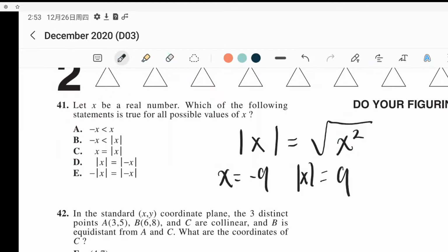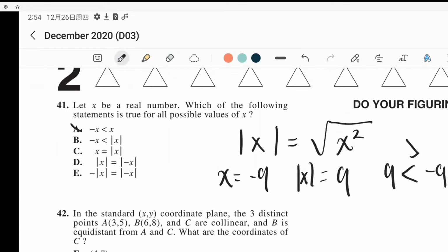So we can see 1 is definitely not true. A is not true because negative x does not have to be less than x. So like we said earlier, consider x equals negative 9. Negative x will give you a 9, and it will not be less than negative 9. In fact, this is greater. So we can mark out A.